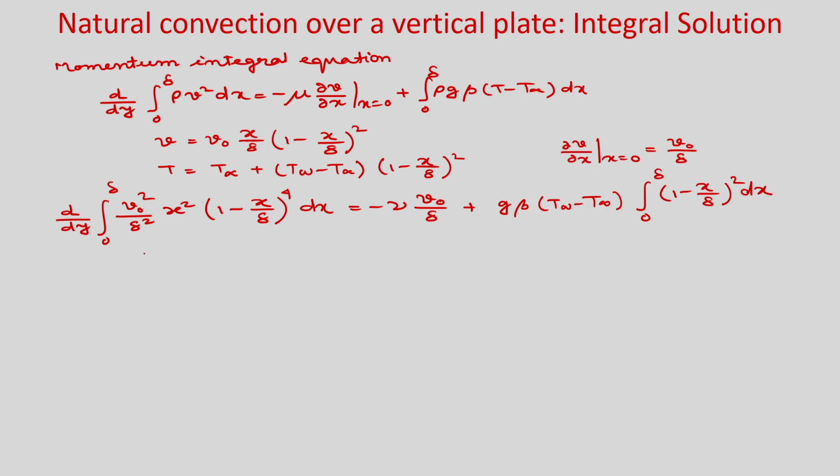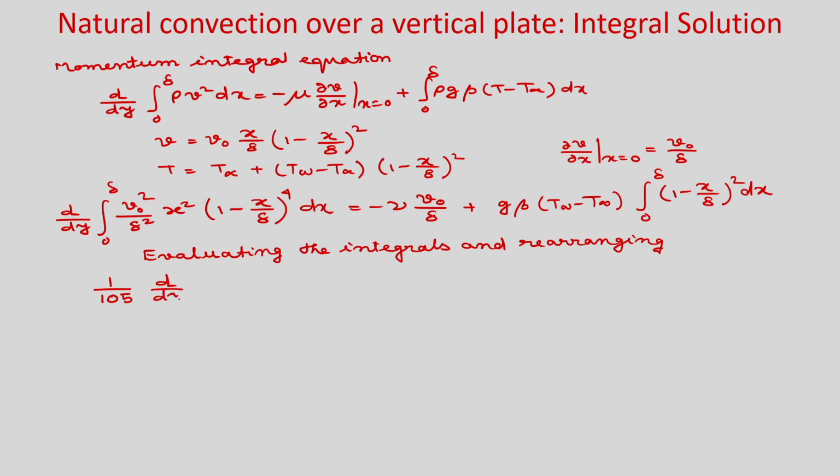Okay. So, now evaluating the integrals and rearranging, you will get 1 by 105 d/dy of v naught square delta is equal to the buoyancy term.